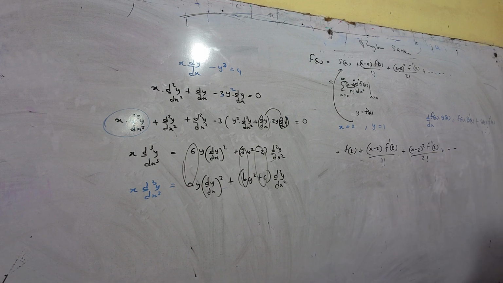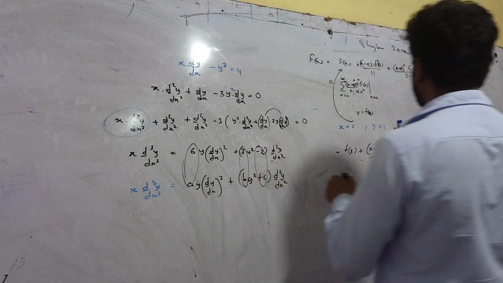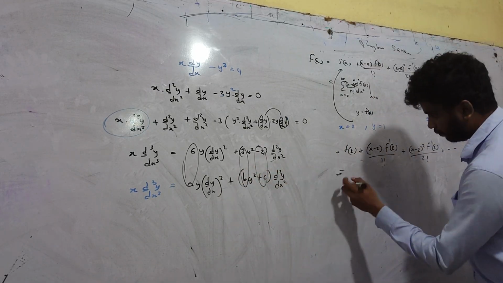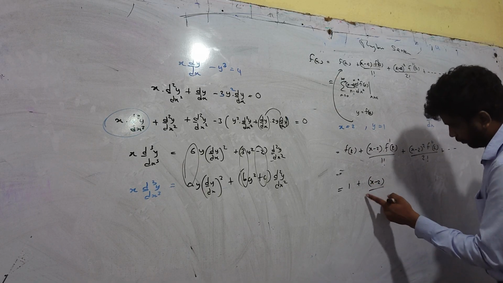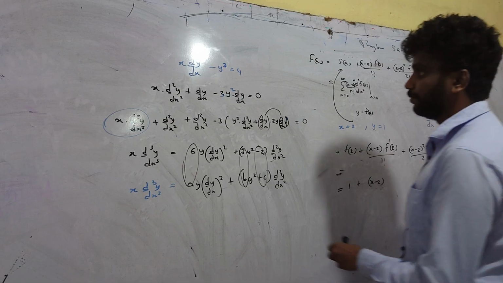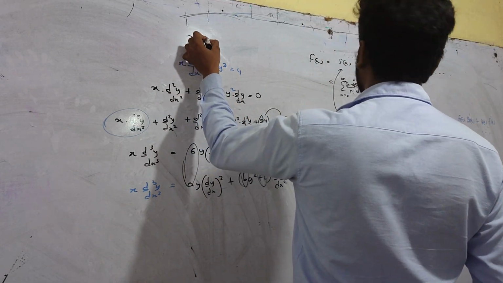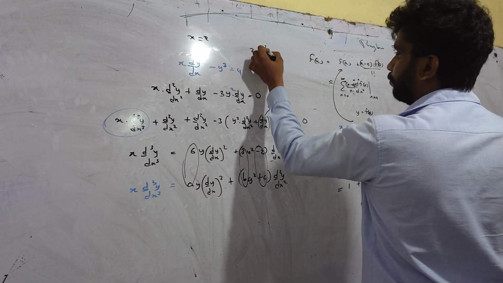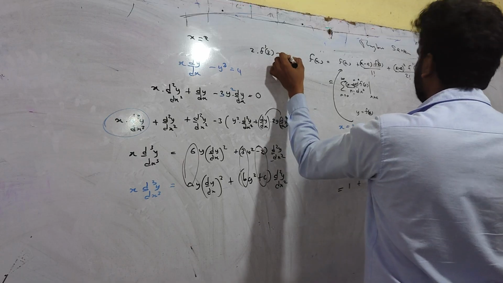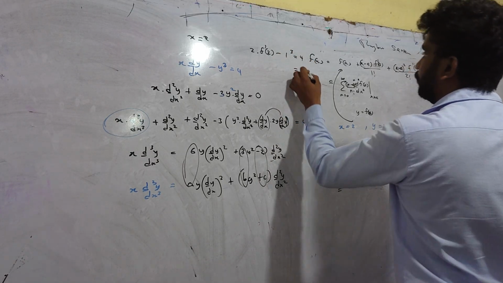What happens in the question? Then f of 2, who is f of 2? F of 2 is 1. Then f prime of 2, who is f prime of 2? Since x equals 2, it is 5 over 2.